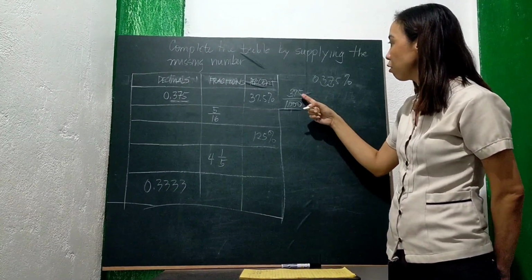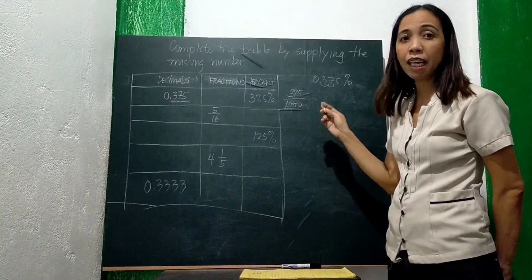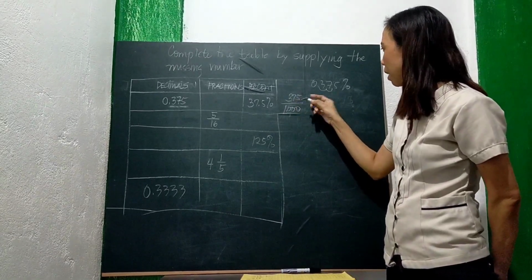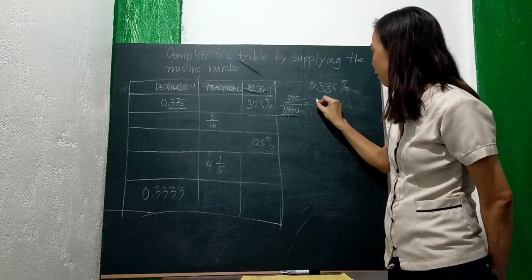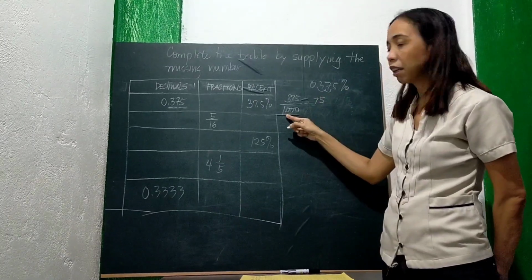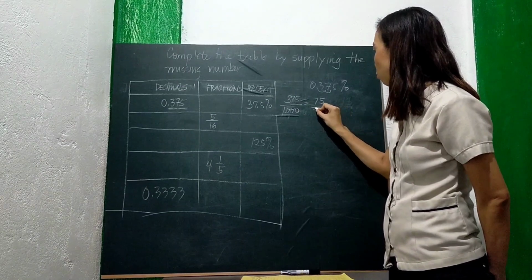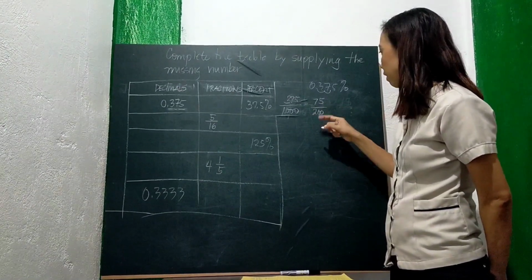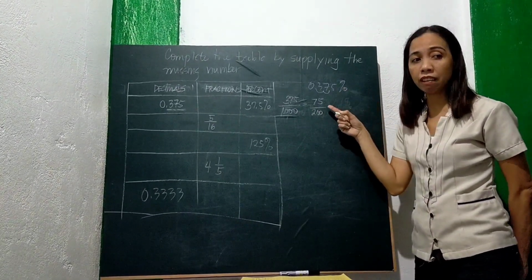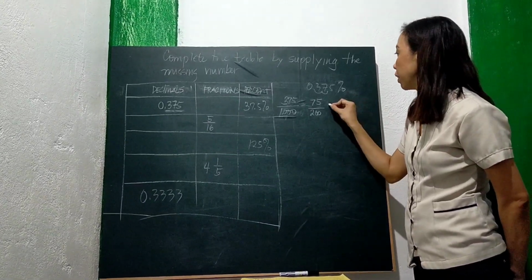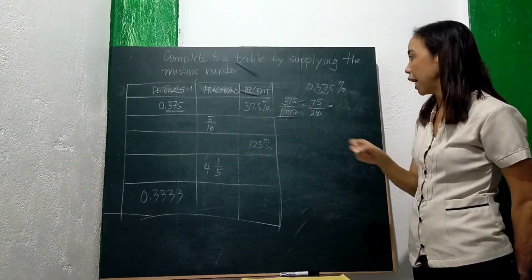So this 2 is divisible by 5. So 375 divided by 5 is 75. And 1,000 divided by 5 is 200. Is this 2 still divisible by 5? Yes, of course. We will divide it again by 5.